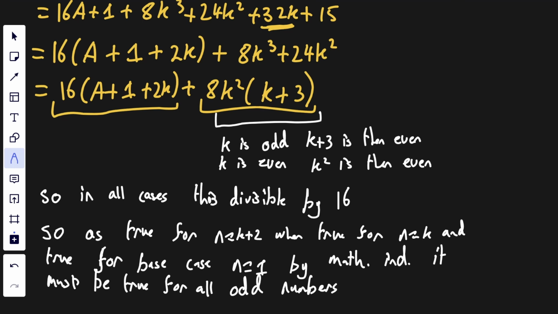That's it completed. I hope this was helpful. I hope you can see this is a much more tricky example. But the idea remains. We first do the base case. We do the assumption. We do the consideration step. On the consideration, we need to somehow involve our assumption. Once we do that, we want to put all of our finished terms, as in we can already see they have a multiple of 16, on the left.